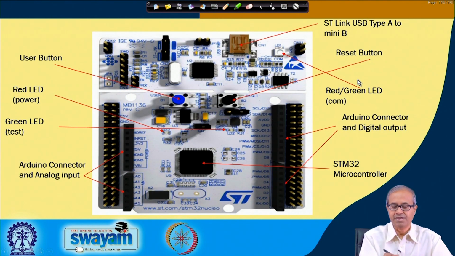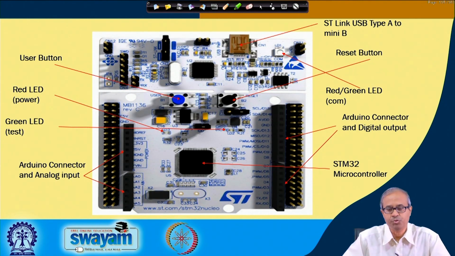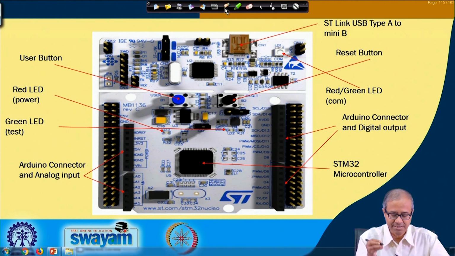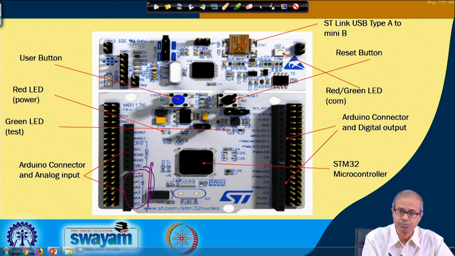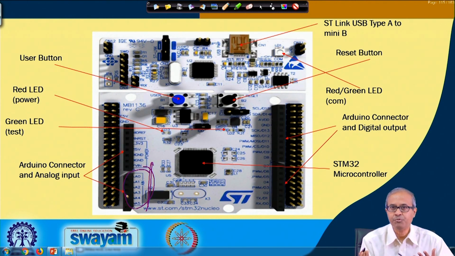Now, coming back to this board again, you see in this Arduino connector, look at this part. Here A0, A1, A2, A3, A4, A5, these 6 analog input lines are available here, but more number of analog input pins are supported.